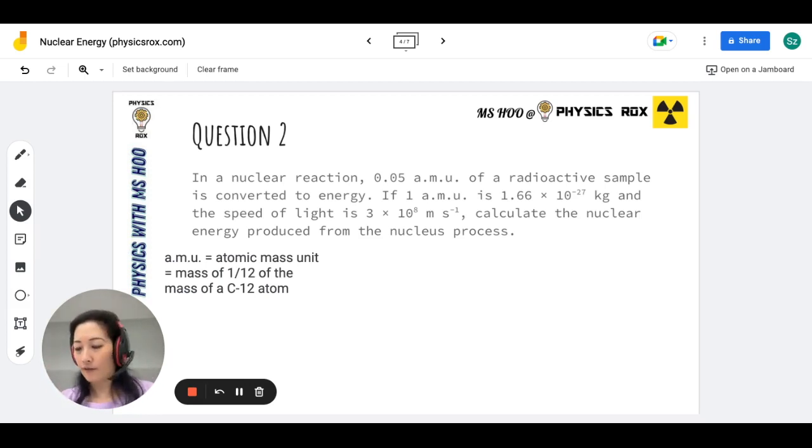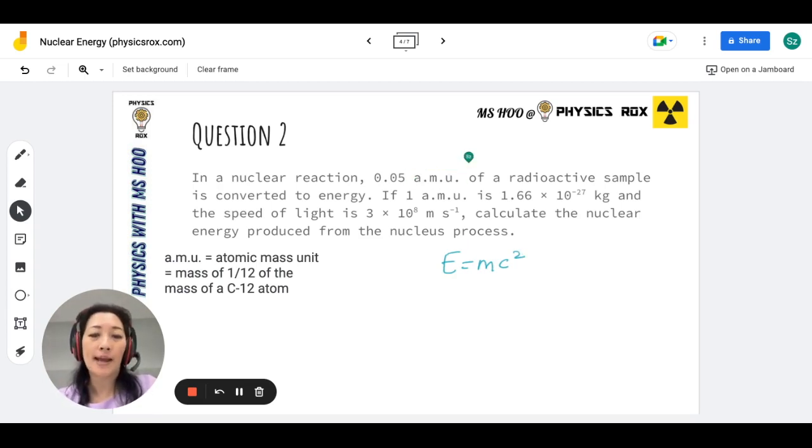So if we have 0.05 AMU, that's 0.05 atomic mass units. That means it's 0.05 of 1 unit of one of those atoms. Now, AMU is a unit that we can use for mass, but whenever we want to use the formula E equals mc squared and calculate energy in joules, you cannot use mass in some other unit.